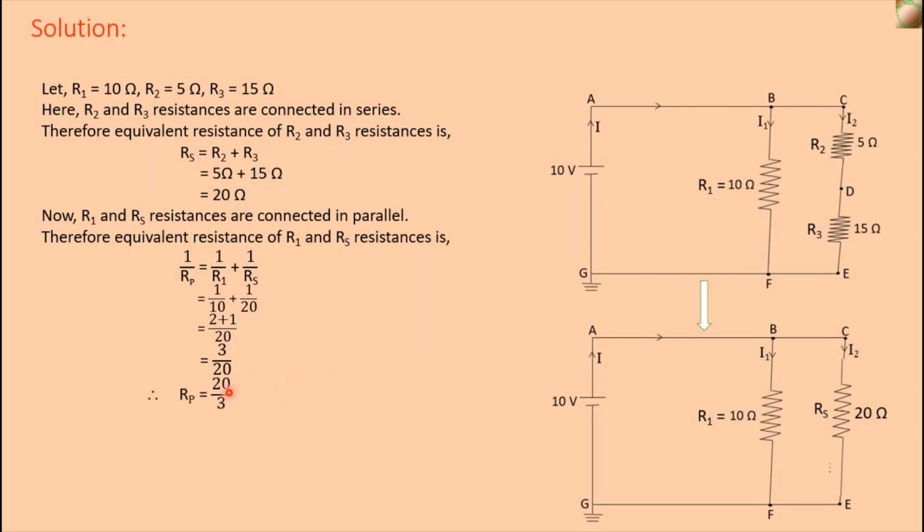Therefore 1 by Rp is equal to 3 by 20, so Rp is equal to 20 divided by 3, which is 6.67 ohm. This is the equivalent resistance of this circuit. Therefore the equivalent resistance of the 10 ohm, 5 ohm and 15 ohm resistances of this circuit is 6.67 ohm.